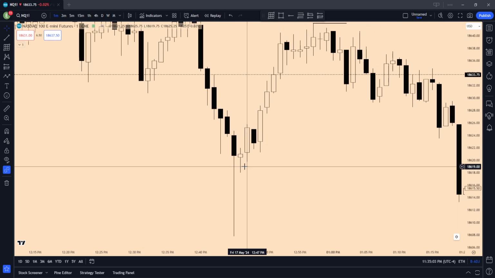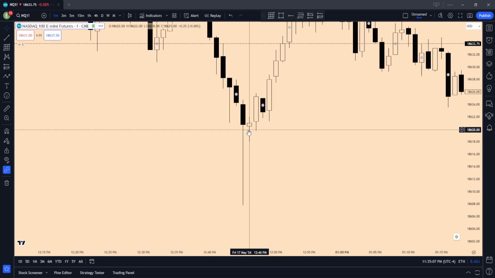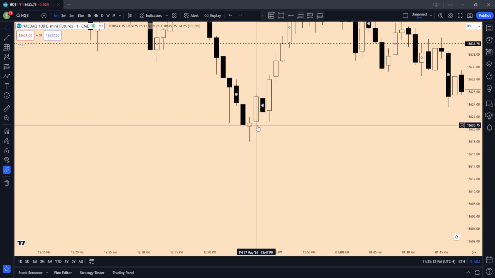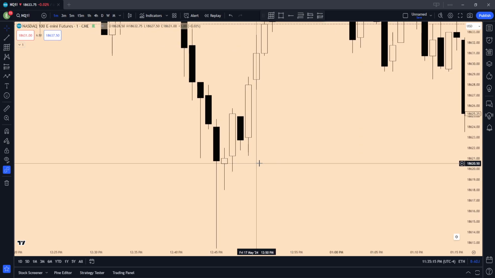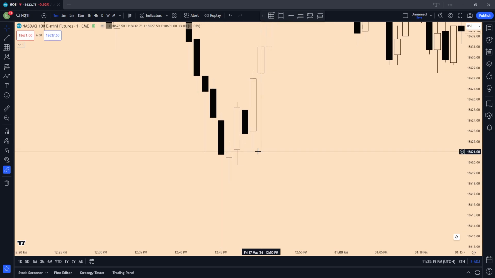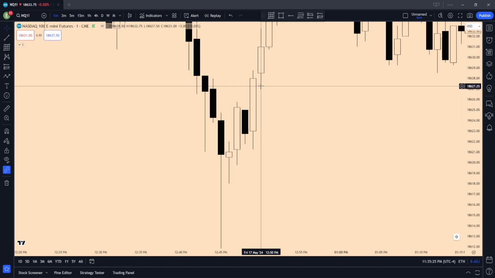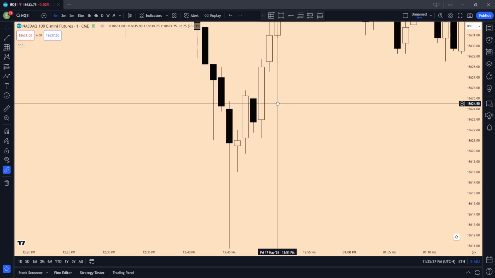This right here, you see this low and this low. This would not be considered a price swing because you have a lower low beside it and then you have a higher low. This right here is also a price swing. Okay? You have a low that's being made, and then you have a lower low on the left side, and you have a higher low on the right side.